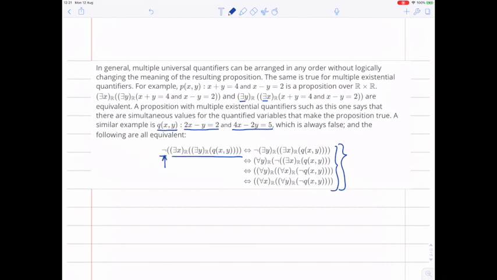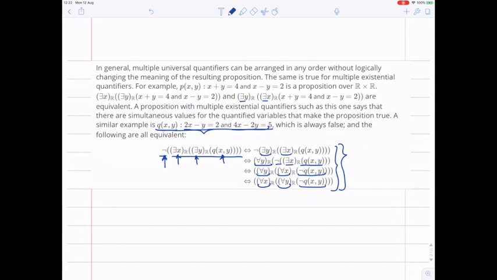We're saying it is not the case that we can find an x and a y such that Q is true. We could also swap our orders of y and x. Notice here, now we can say for every y in the real numbers, there is not an x that makes this true. Or in fact, we could use for all y, for all x, it is not the case that Q is true. And you can swap around your orders of x and y as well.